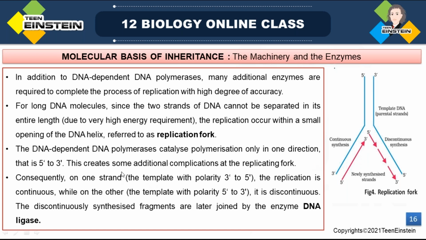So that creates some complications in the replication fork. You can see one strand, the template strand, in blue color. This template strand has polarity 3' to 5', and the other one is 5' to 3'. On the template with polarity 3' to 5', replication is continuous.